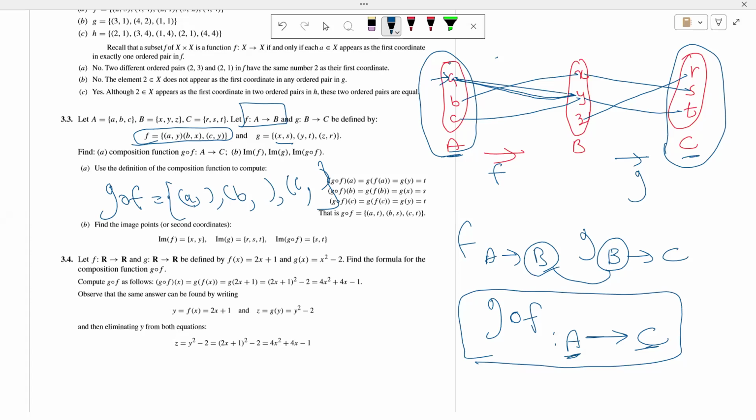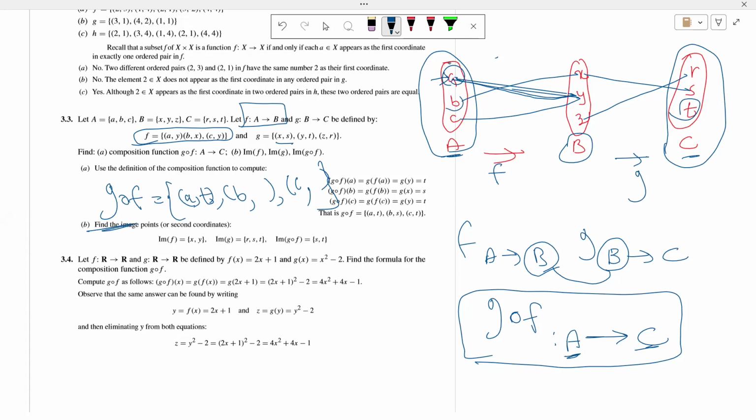From A, I need to move to Y, and only then can I reach the B position. From B, I need to find how to move to C. To move to C, I need to travel this way. So now I can tell that A and T is a relation. So for the function g of f, I can denote (A, T).